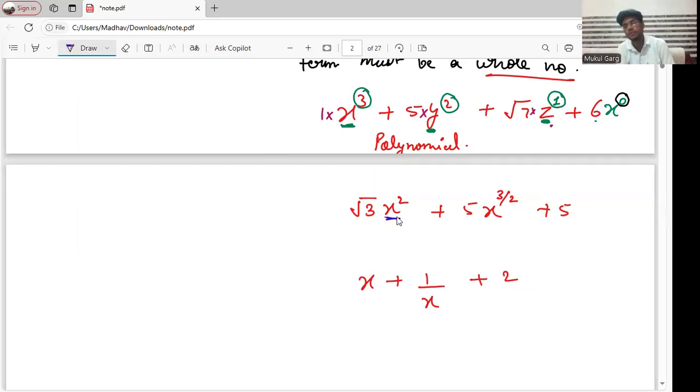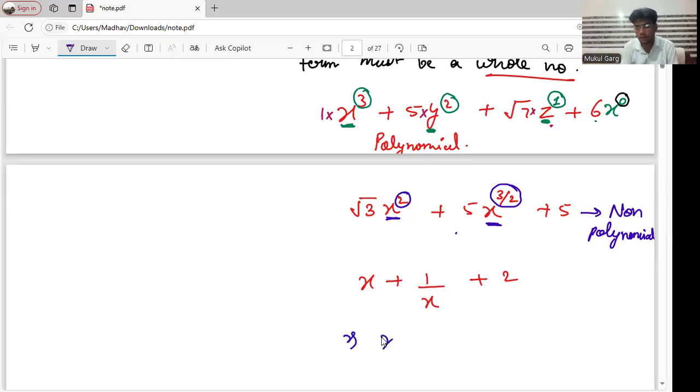So in the first term, the exponent is 2. It's a whole number. But in the second term, the exponent is 3 upon 2. 3 upon 2 is not a whole number. If it is not a whole number, then obviously it is not a polynomial, non-polynomial. As simple as that. किसी भी टर्म में पावर अगर नेगेटिव है या फिर मतलब होल नंबर नहीं है तो it's a non-polynomial.